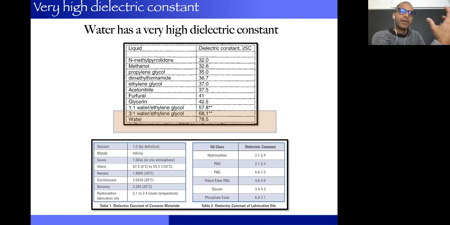Its intrinsic polarizability, both orientational and electronic, is at the heart of why it is able to do chemistry. There's a reason why chemistry works mostly in water, and the reason is rooted in its very high ability to be polarized. This has implications on other things that you're going to see shortly. So that's dielectric constant.